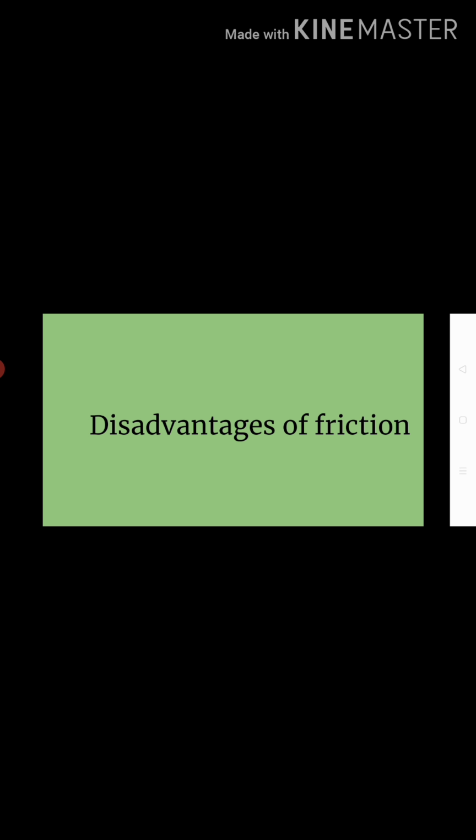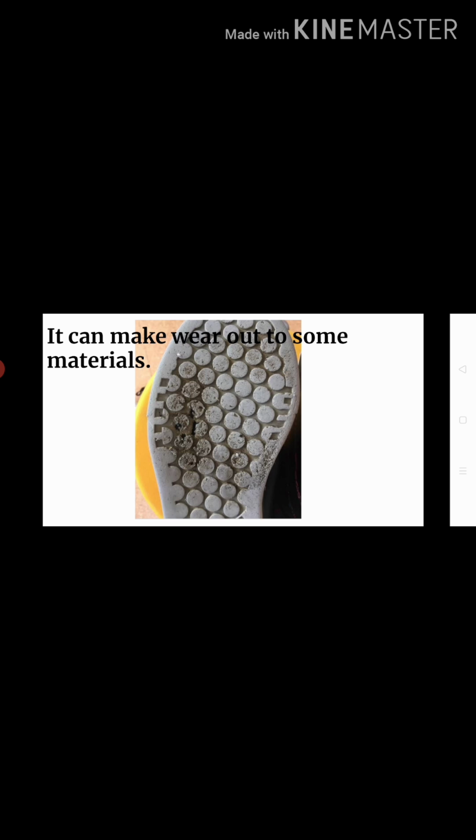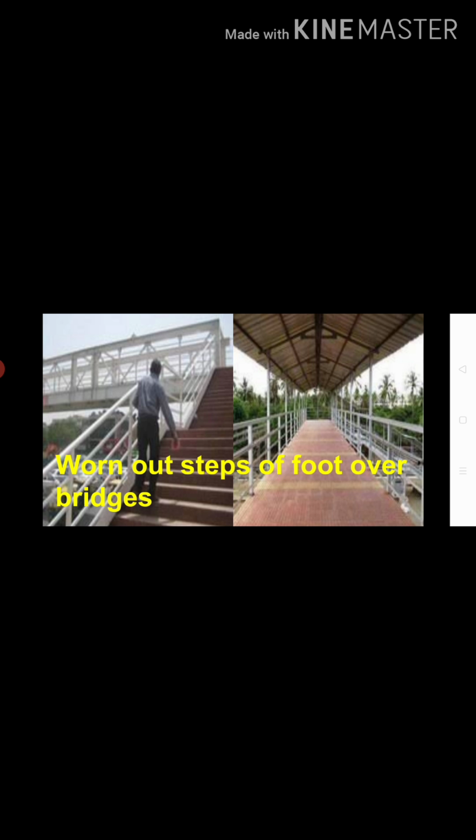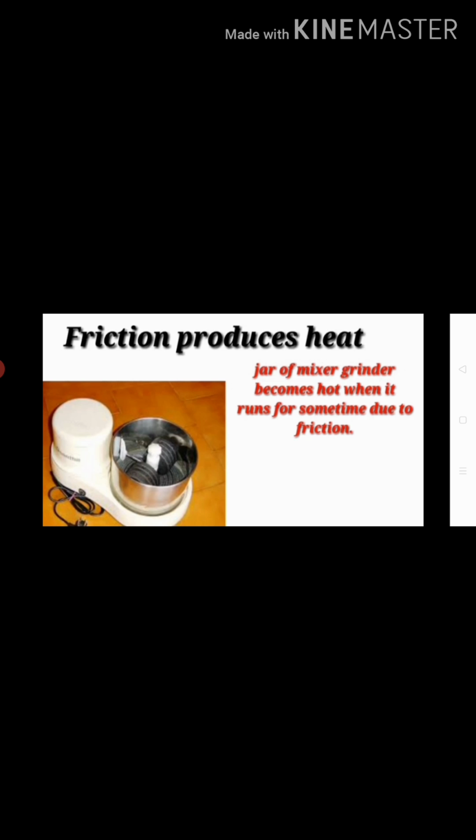Friction has some disadvantages also. Friction wears out materials like shoes, ball bearing, screw, etc. It wears out steps of foot-over bridges at railway stations. Friction produces heat.